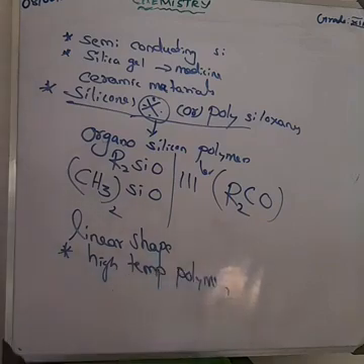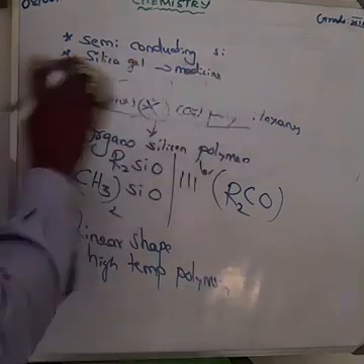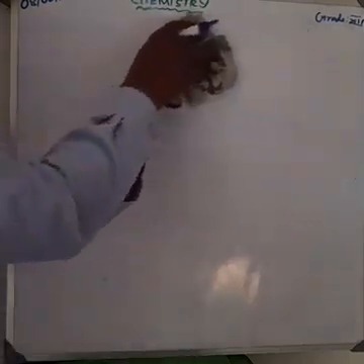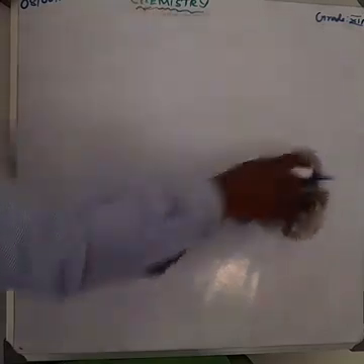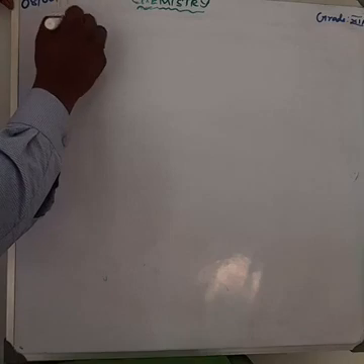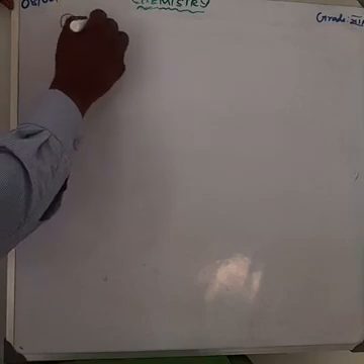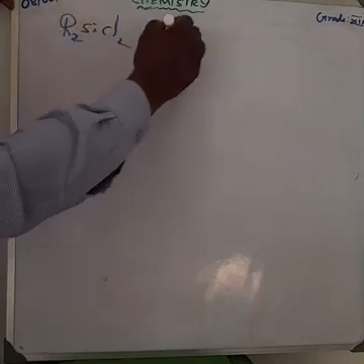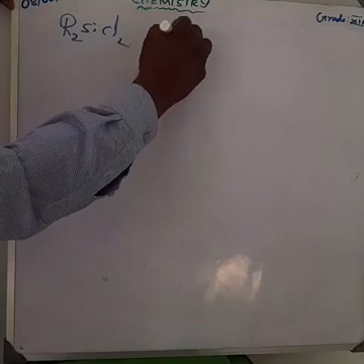We can write the preparation of silicones. Silicones are prepared by the hydrolysis of dialkyl dichlorosilane, or otherwise diaryl dichlorosilane.